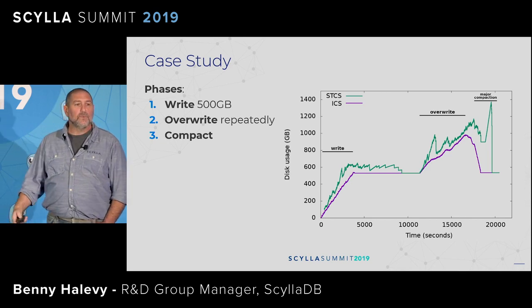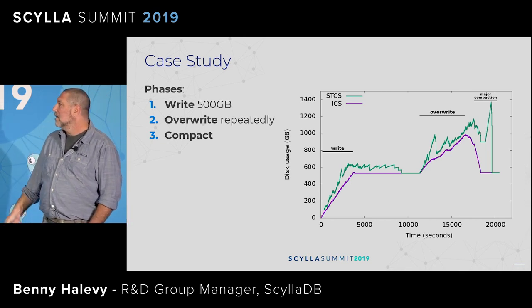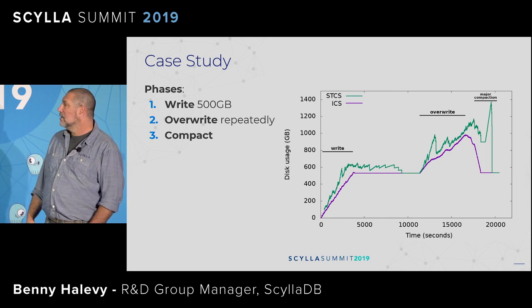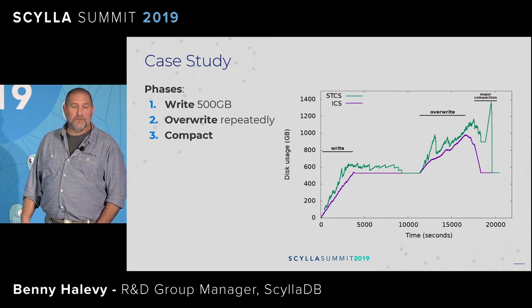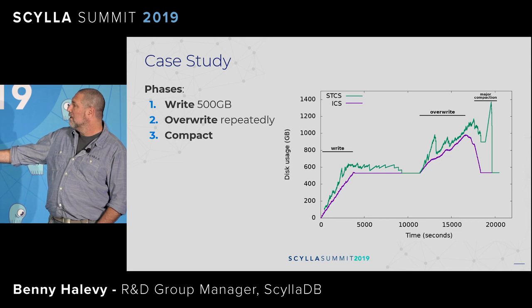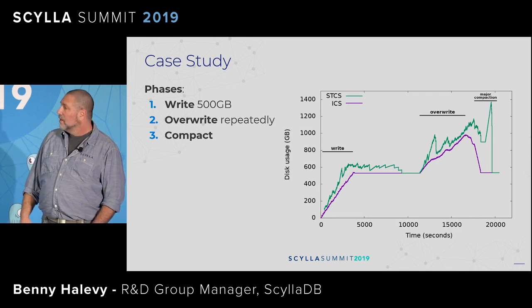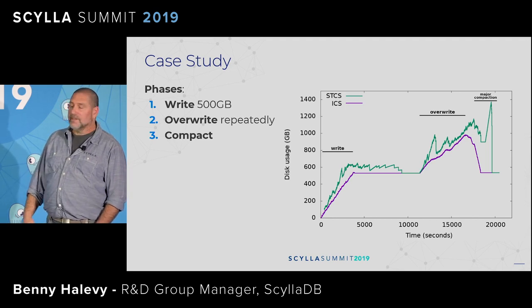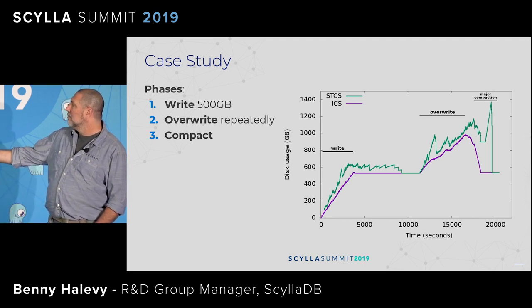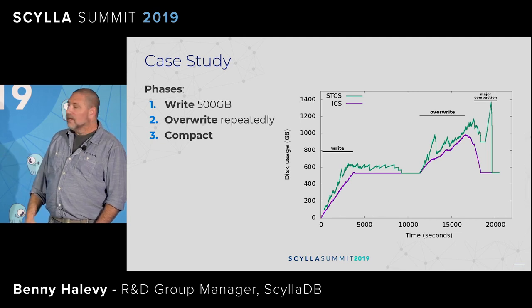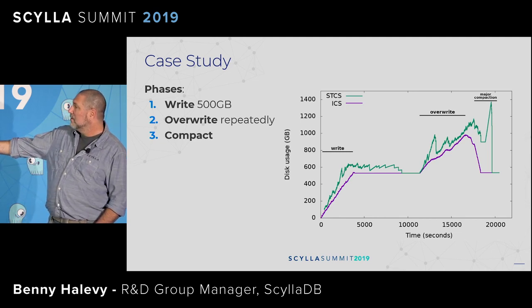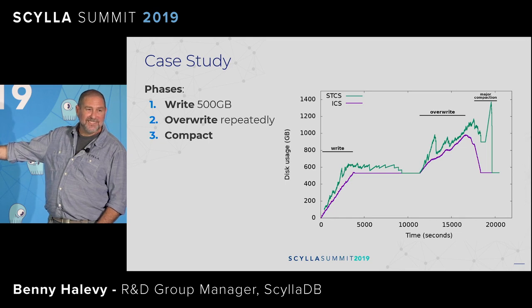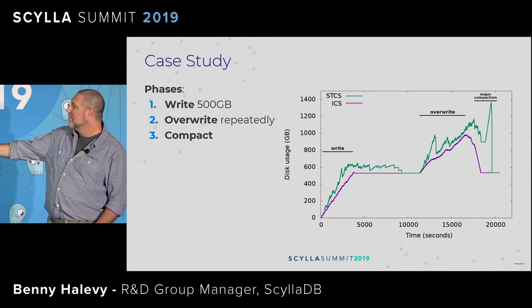Then the next phase rewrites over and over again about half the data size, so 250 gigabytes are being rewritten all over again. And again, we see the benefits of ICS here in purple versus STCS that has these high peaks. Eventually, in the third and final phase, we run major compaction on the data, which will take the data set back to 500 gigabytes of unique data.